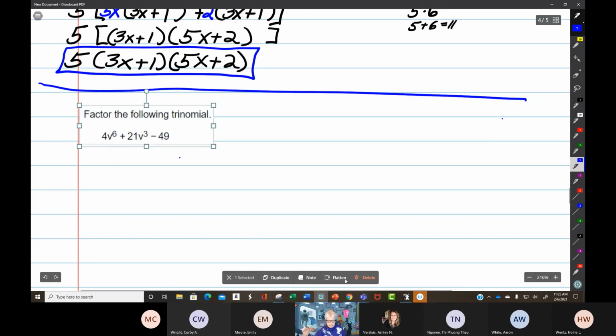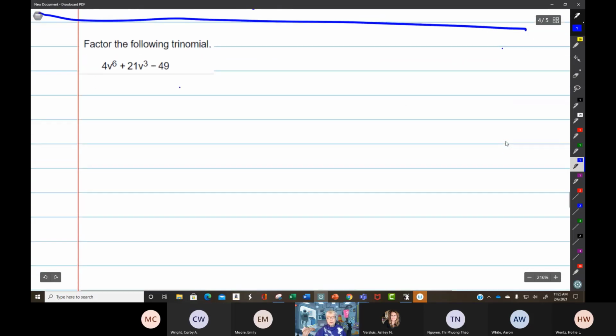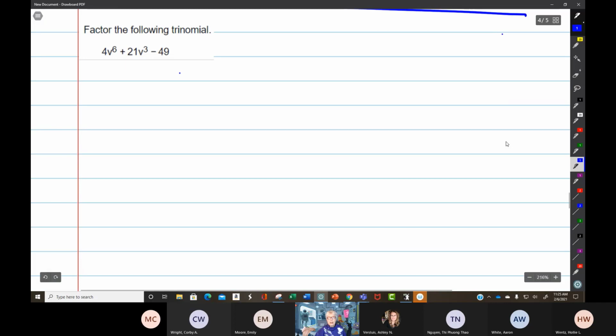All right. Here we are. 4v to the 6th plus 21v to the 3rd minus 49. Automatically, you should see that 6 is 2 times 3. So you're going to be using U substitution. U sub. No, I don't. U sub.